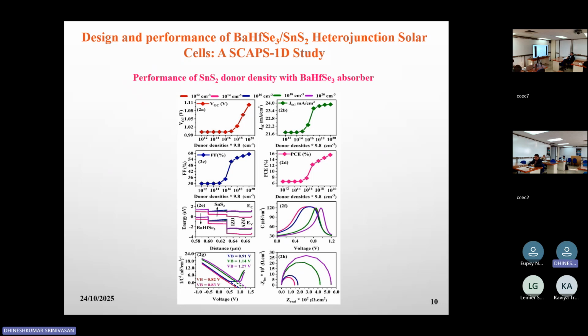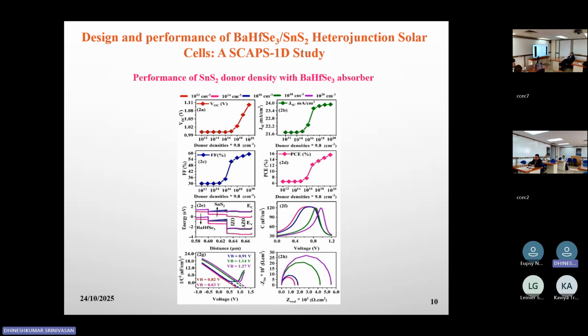Beyond this level, all parameters improved significantly. The rise in VOC results from increased quasi-Fermi level splitting, reflecting a large electrochemical potential difference across layers. In barium hafnium selenium based solar cells, high donor density enhances this splitting, thereby improving VOC.